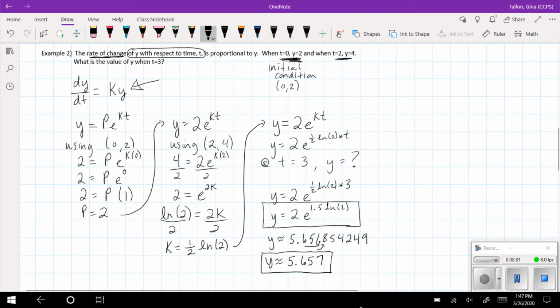I feel like I just want to do this with you, even though on an AP Calc test you should stop there. But just for practice, I just want you to see this. This is 2e^(natural log of 2 to the 1.5). And when you're doing e to the natural log of something, then that ends up just being 2 times 2 to the 1.5.